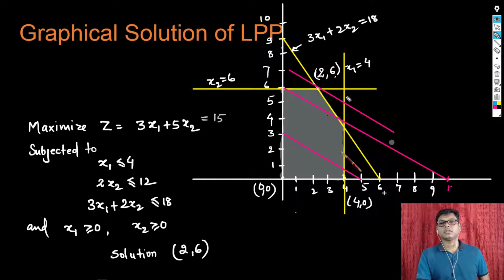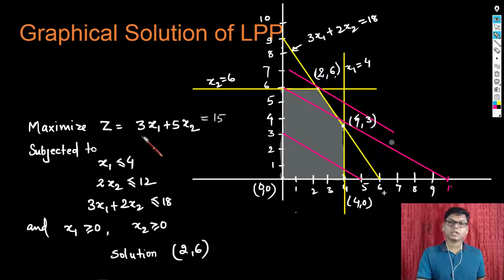Then here put 4 and 3, so we are getting this, just put it there also. So like that, all the corner points we were checking, and we were checking for which corner point z is maximum, that will be the solution.